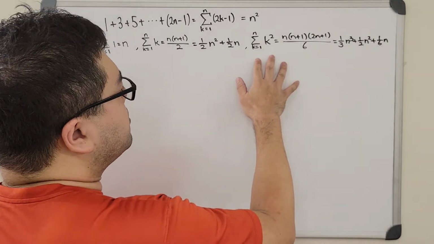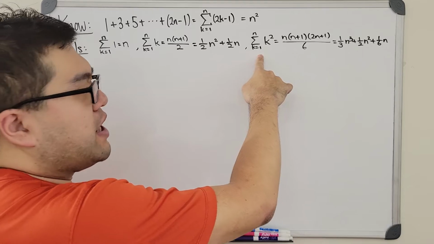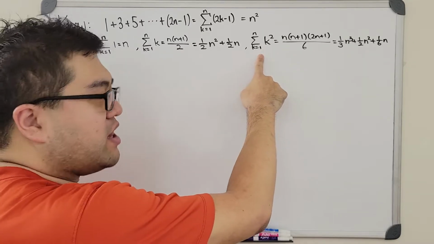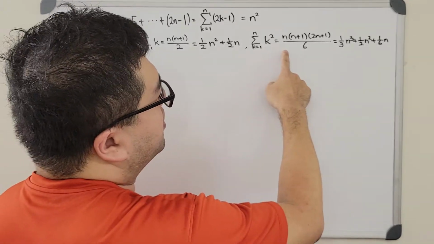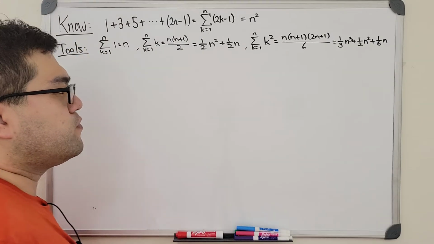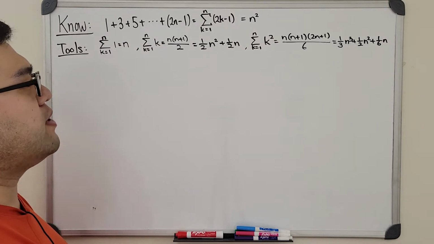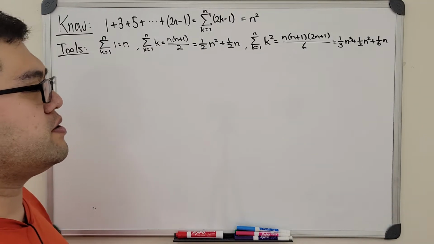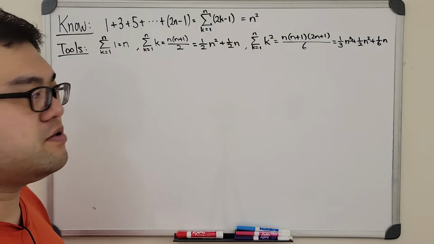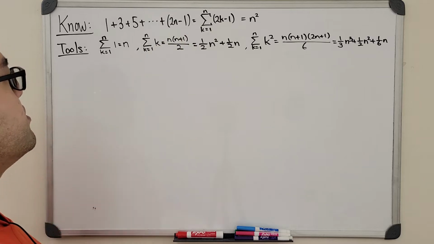We also will use the following tool, which is the sum of the first n square terms. So the result will be here. And if you don't know how to get it, you can just find other videos from other math channels. They have already shown you how to actually get these results.